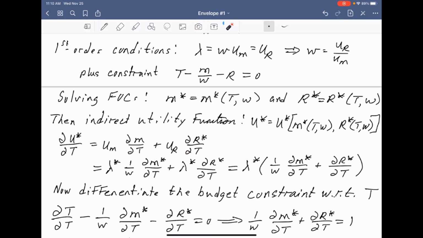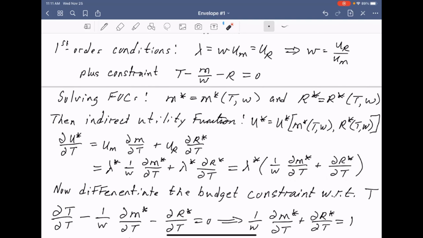And when we work that through, we make this substitution here, and these substitutions come from this expression for lambda. So we make that one based on this relationship, and this star is based on lambda equals mu m, mu r. And we get that that's equal to lambda star multiplied by this term here.